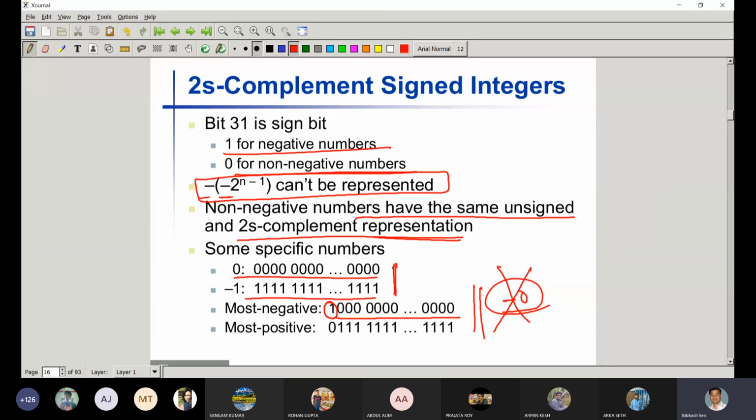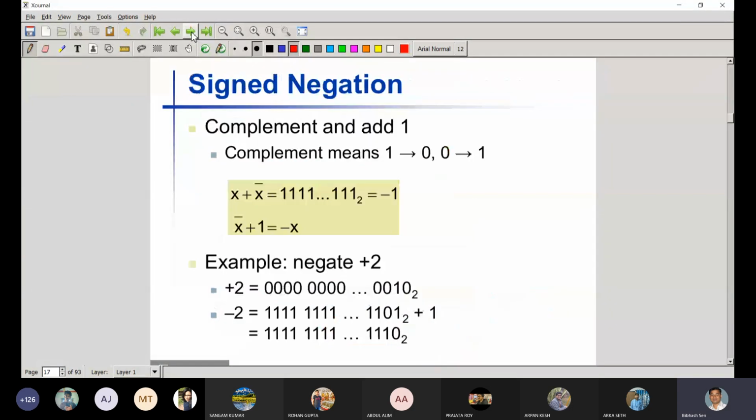Here you can get it, and this is the maximum value you will get, and 0 is the most positive value. So we can write in this way that the most significant bit is always 0 for positive and 1 for negative. So complement and add 1.